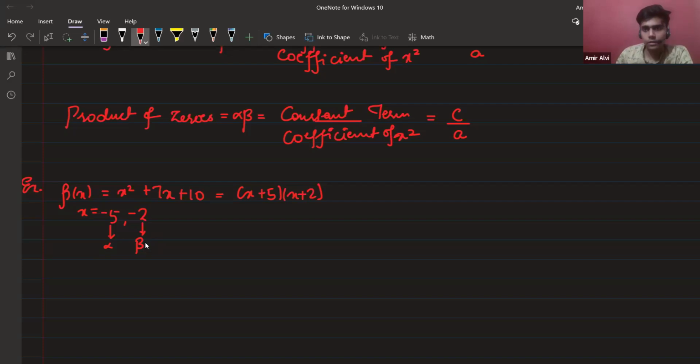So what is the sum of the zeros? Alpha plus beta is minus b by a. We have to add the zeros of the polynomial.